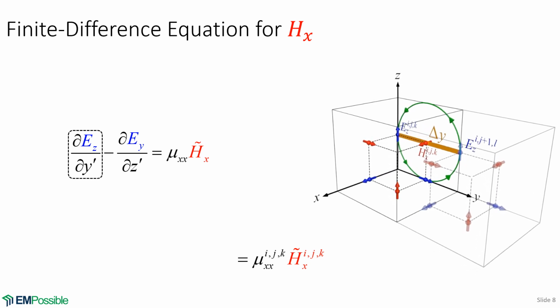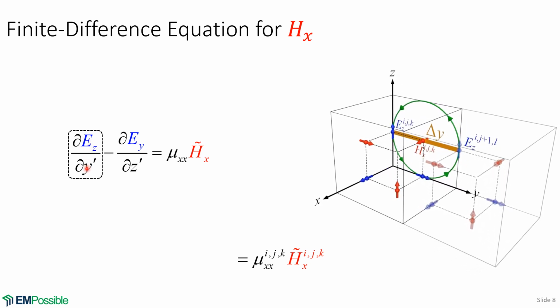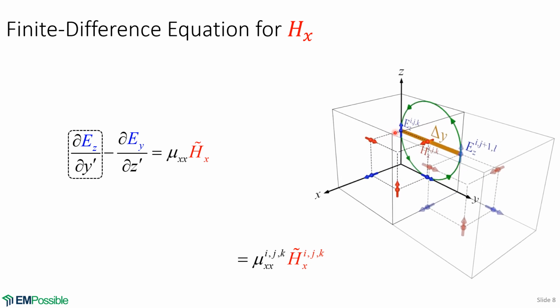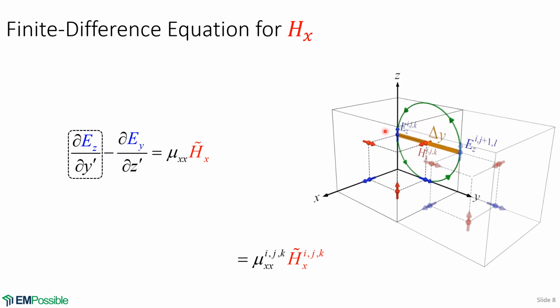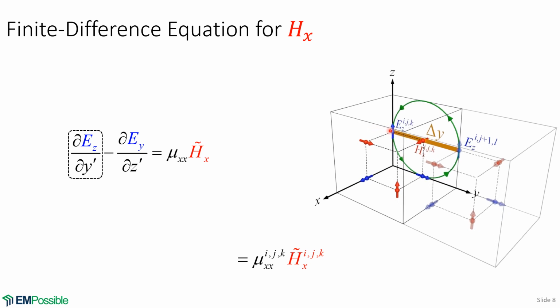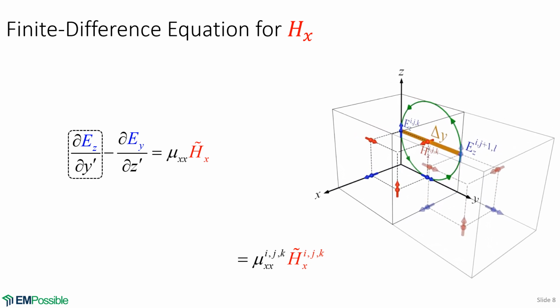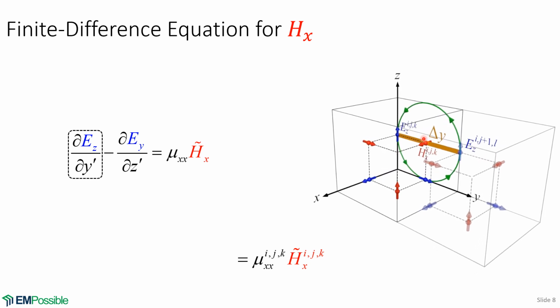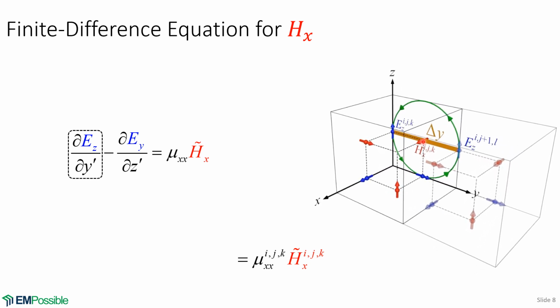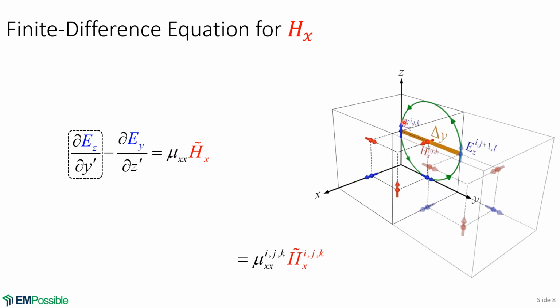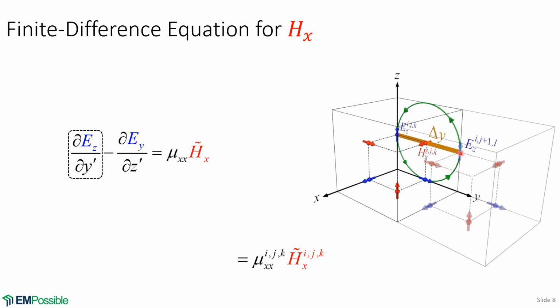Now on to the first partial derivative. This is the partial derivative of Ez with respect to y. So we come over here, we find Ez in our Yee cell, and we would like to calculate the derivative in the y direction. And we want to use a central finite difference, and we want that central finite difference to exist where Hx exists. That means we need to get the electric field from exactly the other side of the magnetic field.